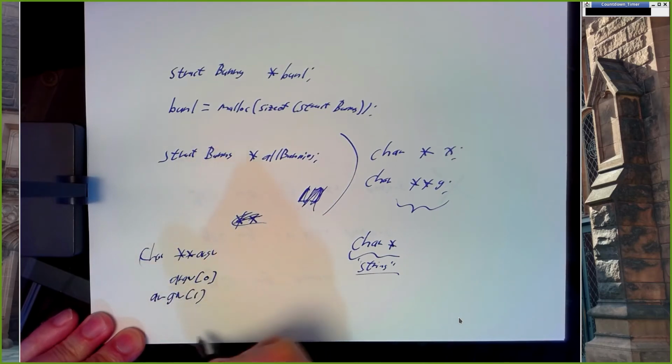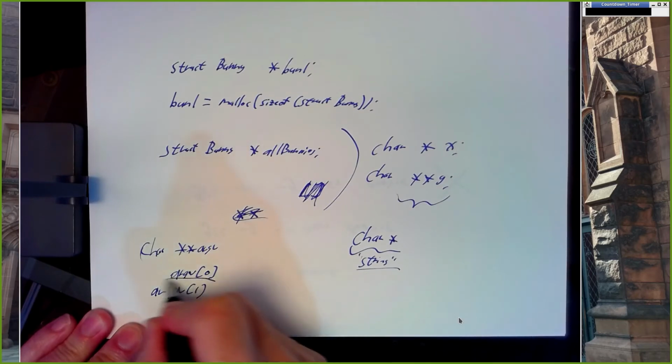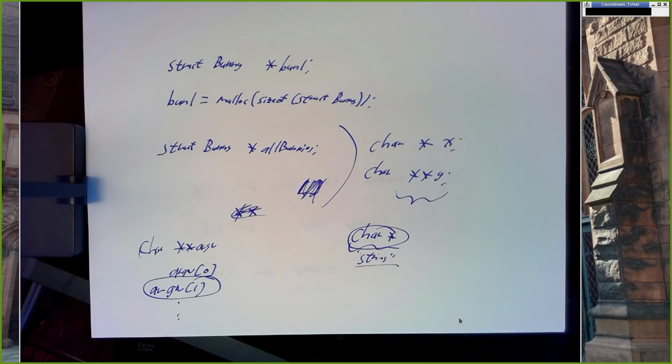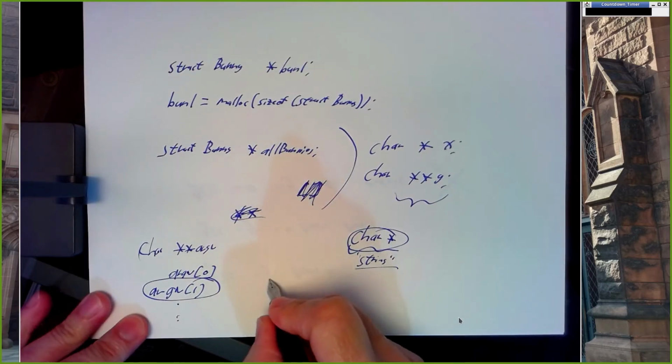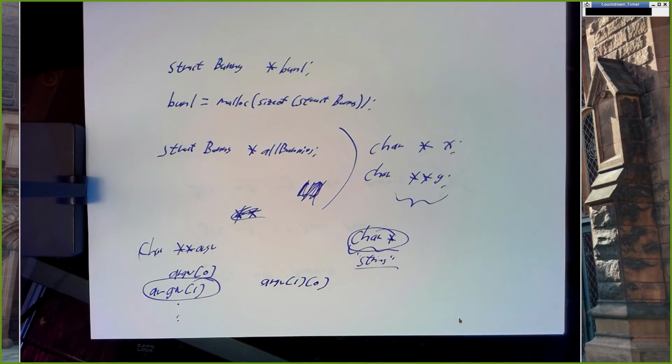Argv bracket 1 is your second string, that's your first command line argument, and so on. And each of these is a string, a char star, so we can feed it to string length and string compare and string copy and things like that. Or we can pull off individual characters by saying, what's the first letter of your first argument? Argv bracket 1 bracket 0. So yeah, it's all connected.